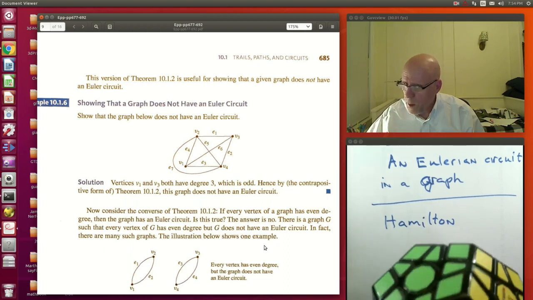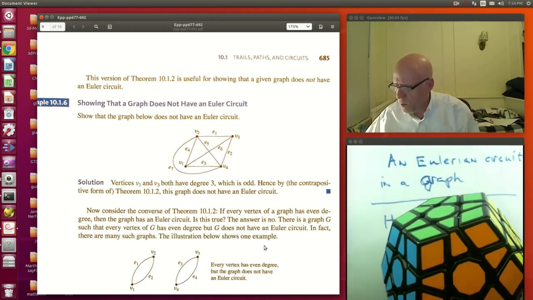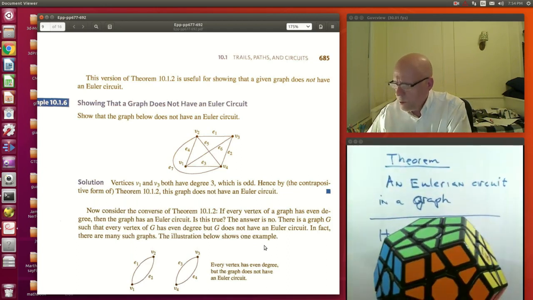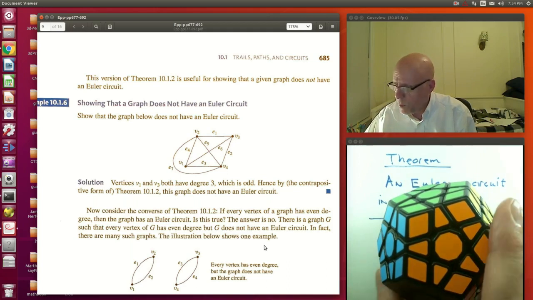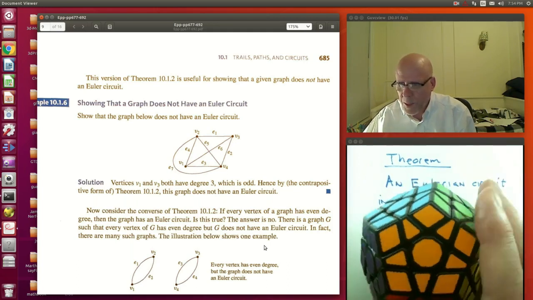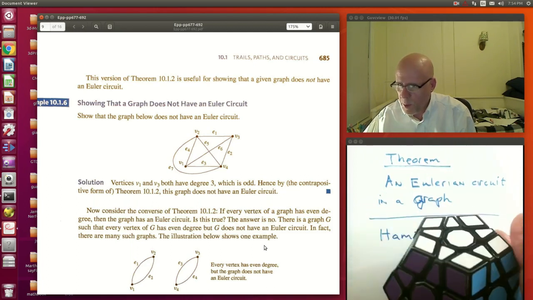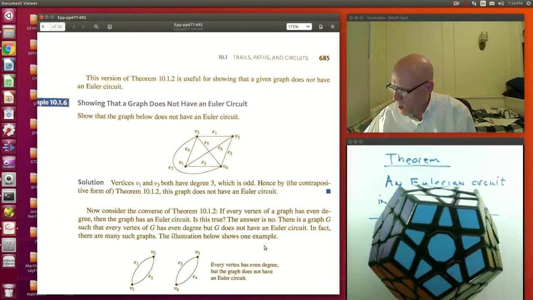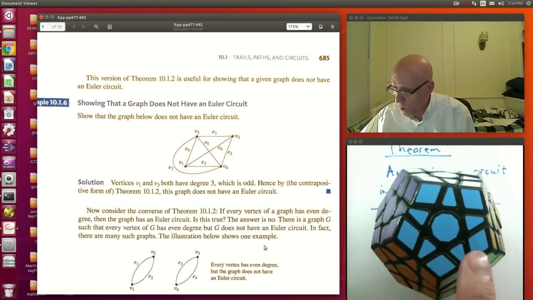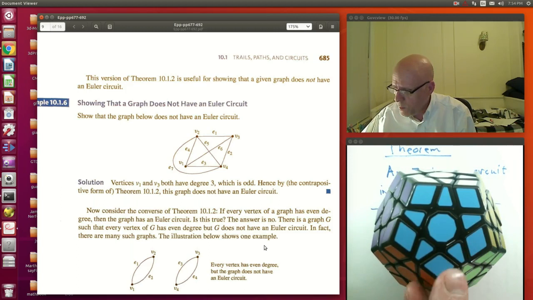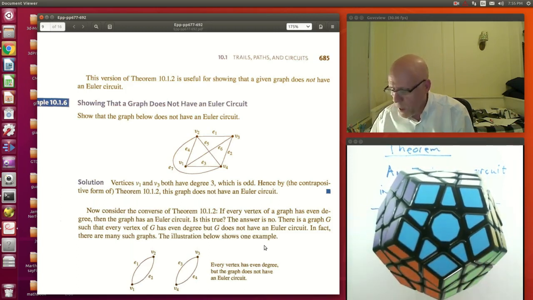I don't have an actual one, just a model of one of these things. Well, it's a Rubik's Cube, except it's not a cube. It's a shape called a dodecahedron. So I just wanted you to be able to visualize what shape Hamilton was talking about. The vertices are actually the corners of this thing, and the edges are the literal edges, the one-dimensional paths between any of the corners of it.